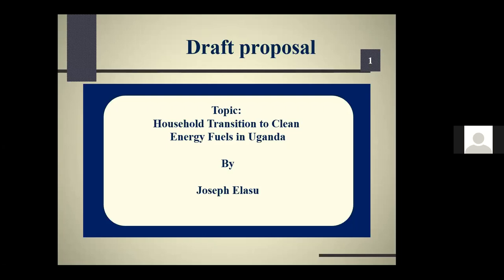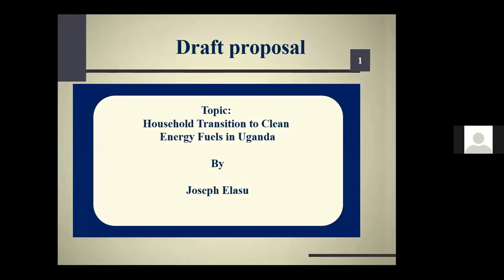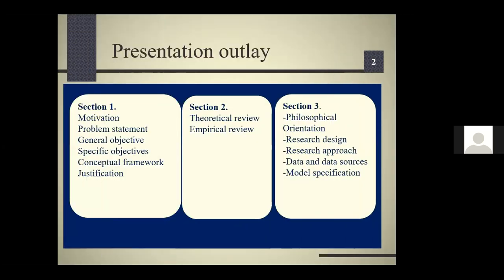My name is Joseph Elasu, and my area of interest in the study is energy transition. The topic is household transition to clean energy fuels in Uganda. This is how we proceed. This is what I intend to run through this morning.